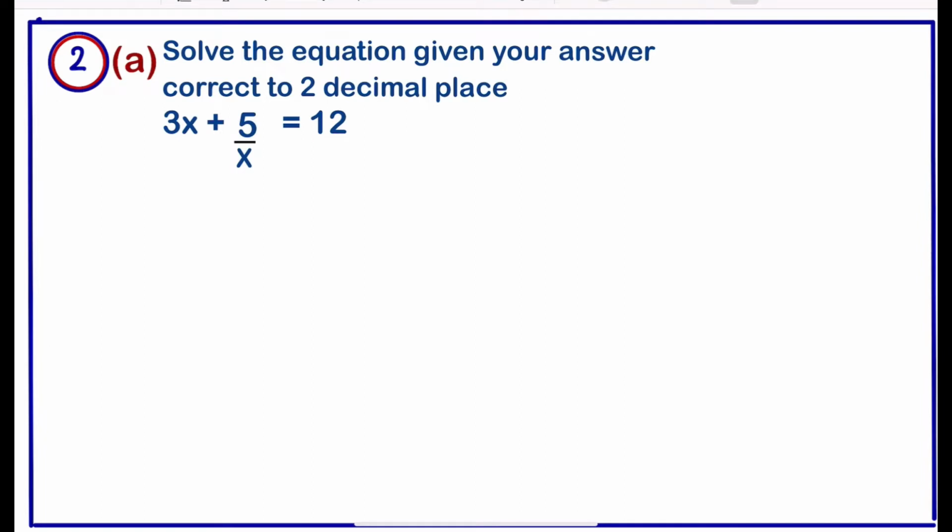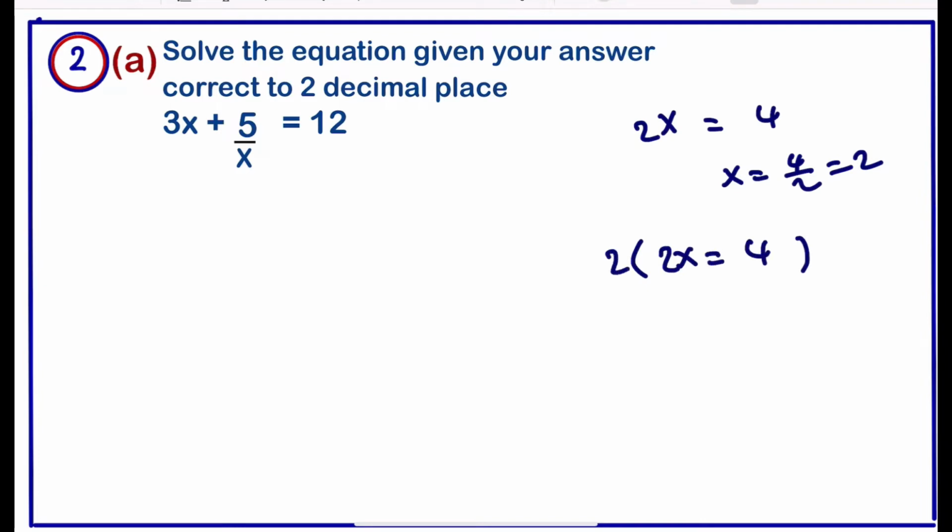Before we move further, there's something I want to let you know. Whenever we have an equation, for example, if you have 2x equals to 4, this implies if you want to look for x, it will be equals to 4 over 2, which is the same as 2. Now imagine if you need to multiply all of this times 2, would the answer change?